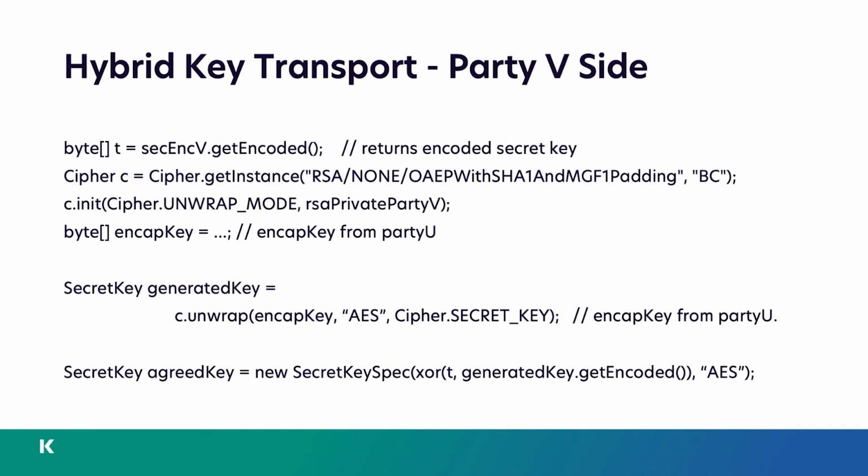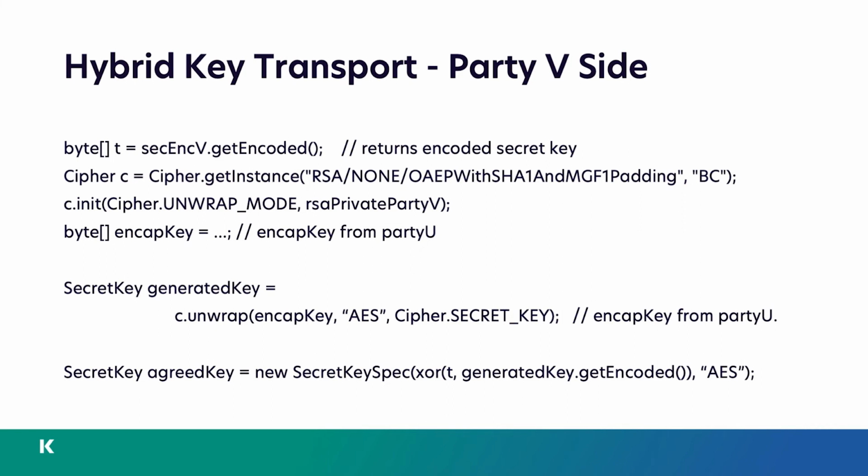First, party V needs to get the T value and request the same cipher that party U requested from the Bouncy Castle provider. So party V will initialize it in unwrap mode, and they'll use their private RSA key.